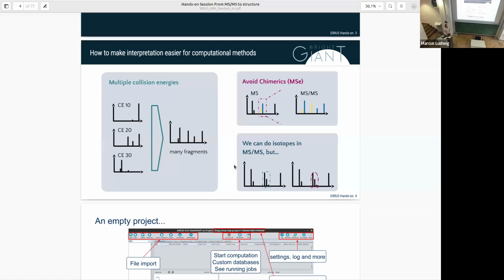And the same for isotope peaks in the MS. Usually you should just fragment the monoisotopic peak. I think that's the default way. In principle, the method can also deal with having isotopes in the spectrum, but if you think of the filter of your instrument, usually it's not a nicely shaped box, but more like a Gaussian thing.